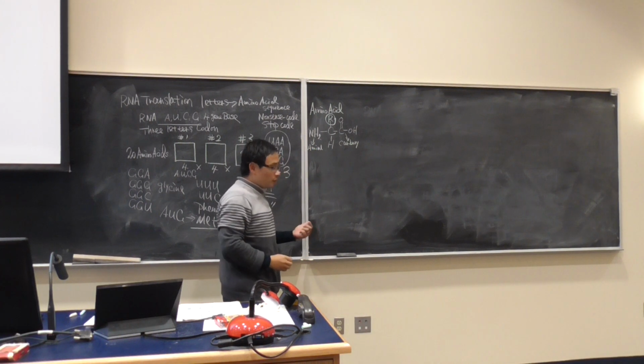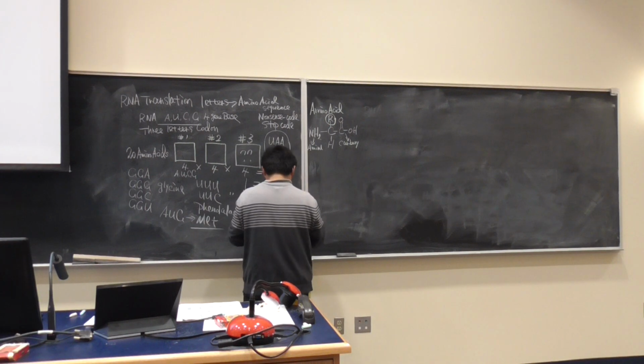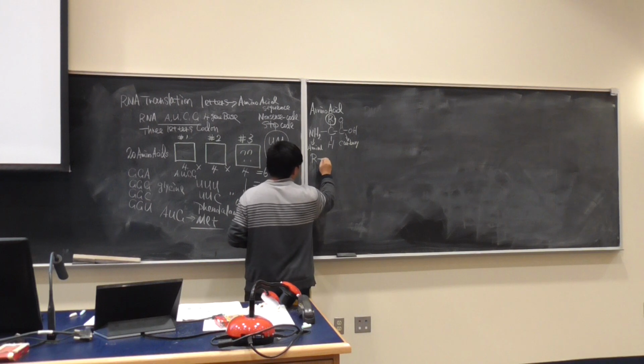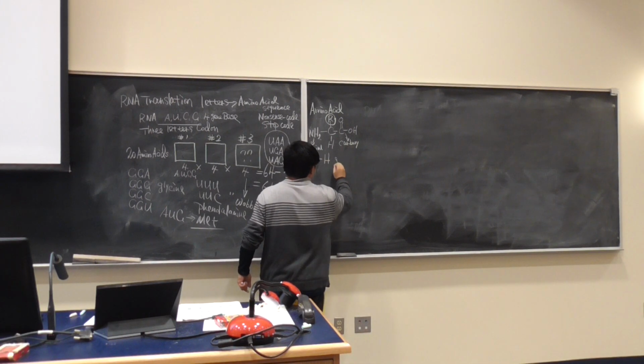And there are 20 different amino acids, or 21 different amino acids. Basically, all the side chains are different, is that right? So, if R is H, what is that? Glycine.